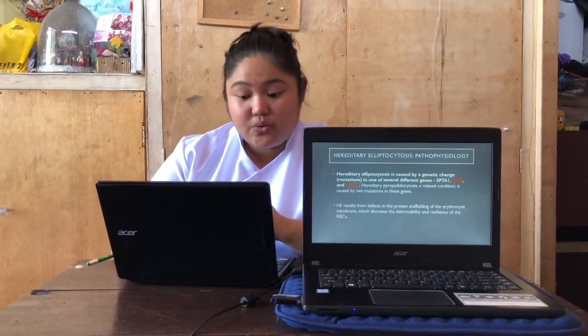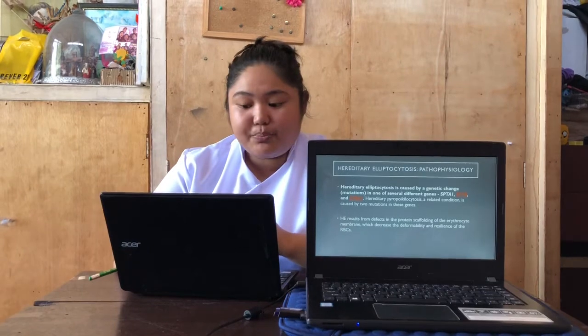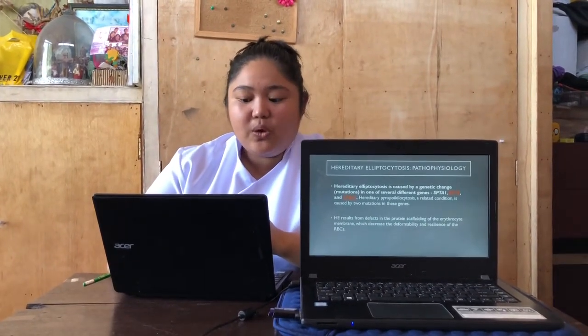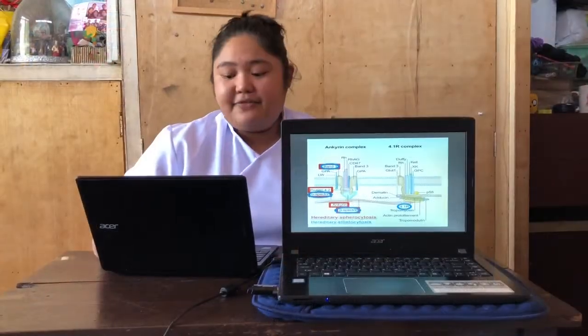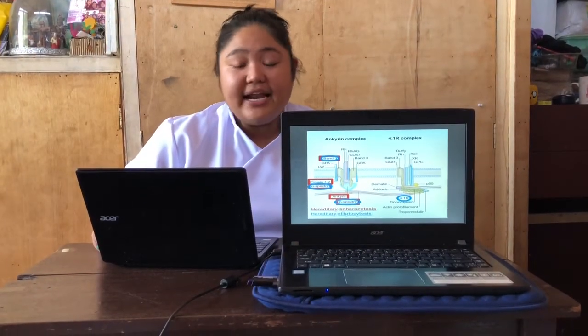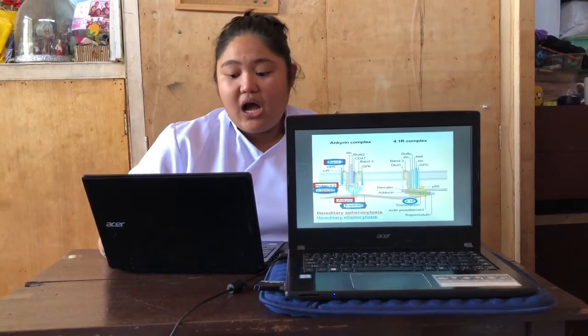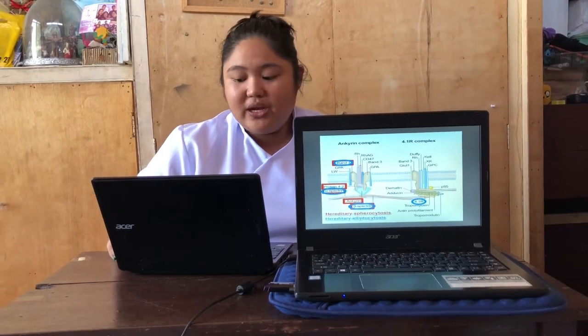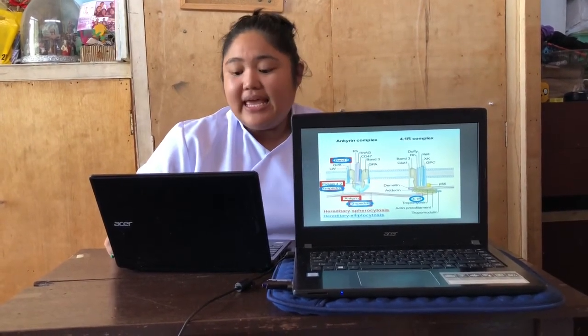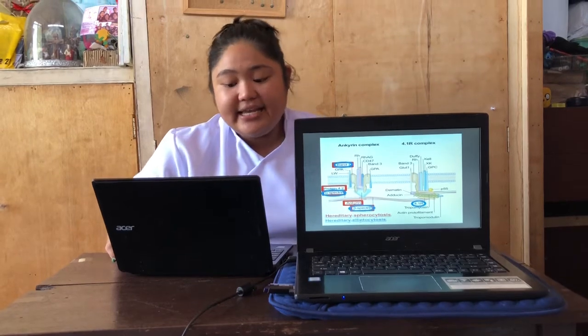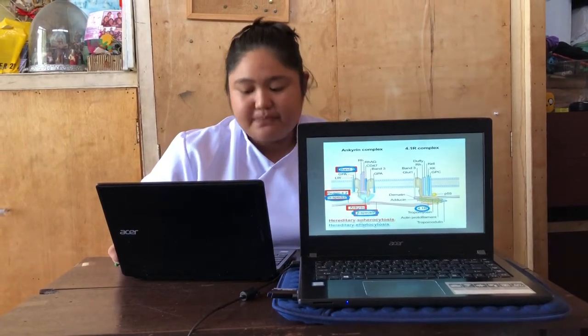Hereditary elliptocytosis results from defects in the protein scaffolding of the erythrocyte membrane, which decrease deformability. Allele alpha is a common polymorphic allele which plays the role of an aggravating factor when it occurs in trans with an elliptocytogenic allele of the SPTA1 gene.